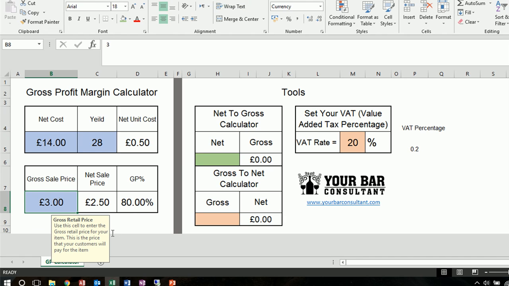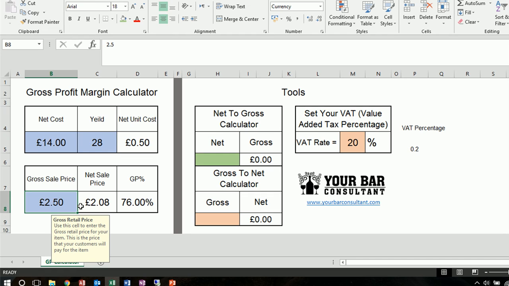Okay, so if your bar, nightclub, or pub works on a gross profit margin of 70, for example, we can work out what the lowest price we can sell that for to the public is, so we're still hitting a 70% GP. And just so you know, we're only doing this for the vodka. We're not adding any cokes, anything to it.